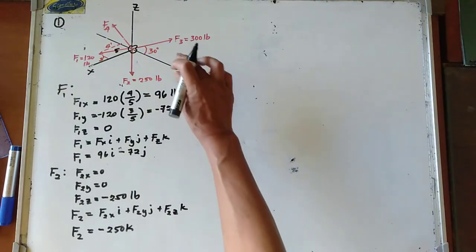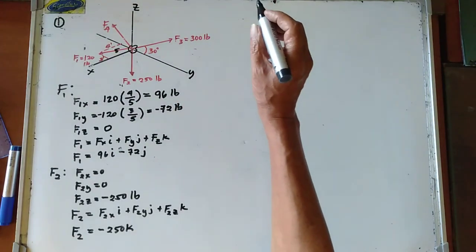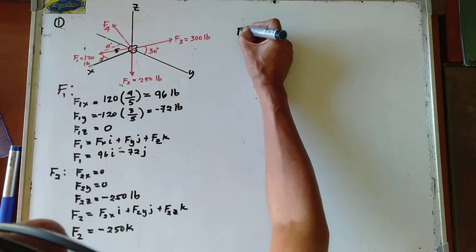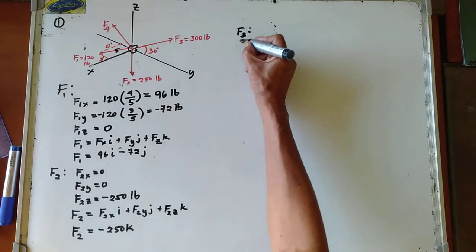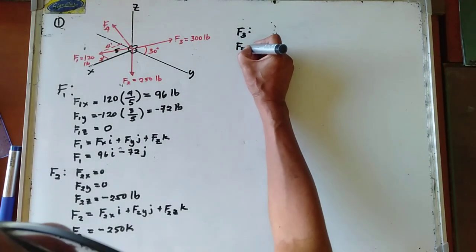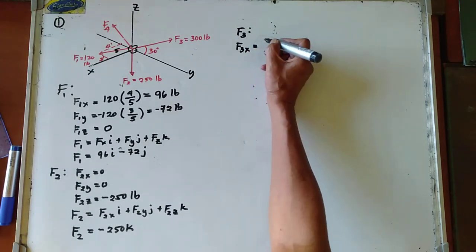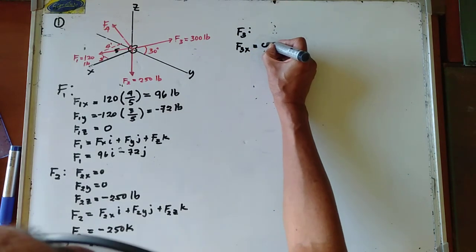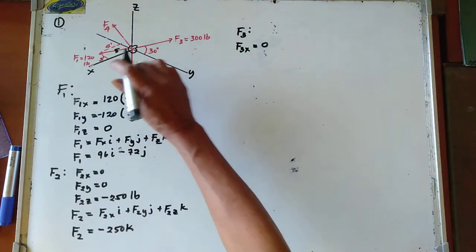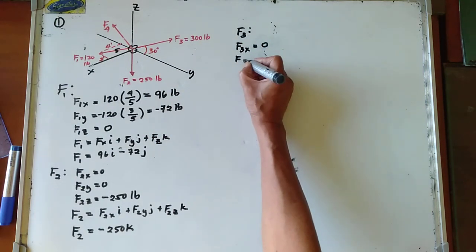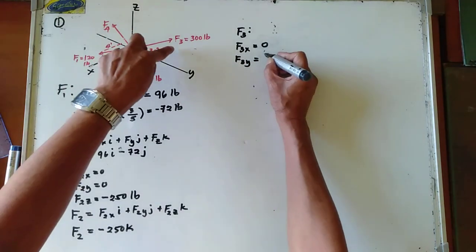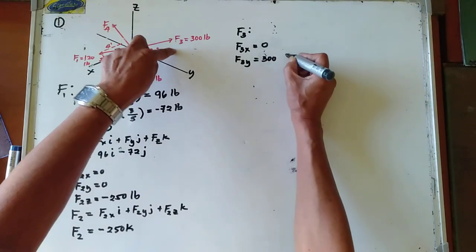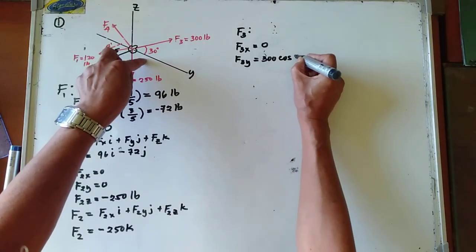So, for F3, let's determine the components of F3. Your F3x is equal to 0. And your F3y is equal to F3, and that one is equal to 300 cosine of 30 degrees.